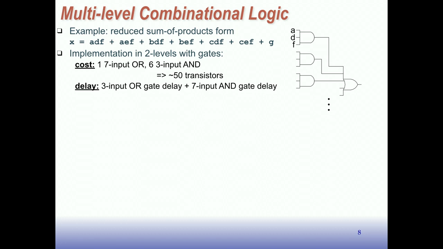And by the metric I told you the other day, where we're about 2 transistors per literal, we end up with about 50 transistors. The delay through this would be the delay of this 3-input AND gate in series with the delay of that 7-input OR gate, right?